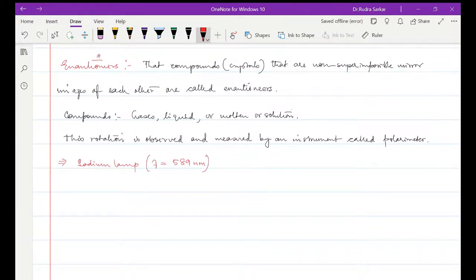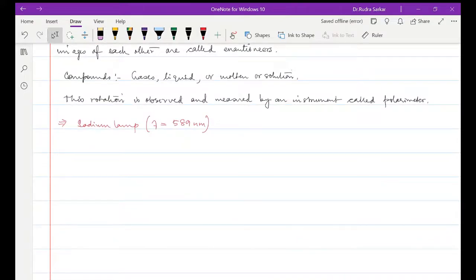Now, what are the factors on which the optical rotation depends?